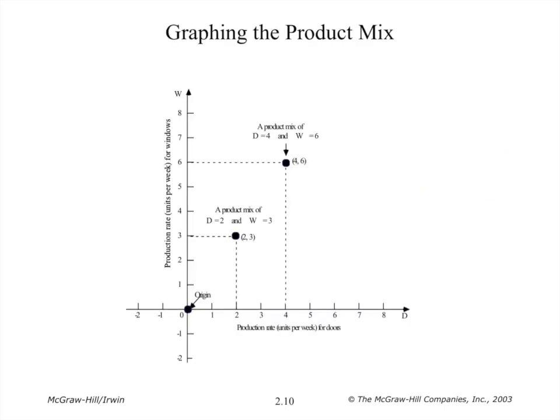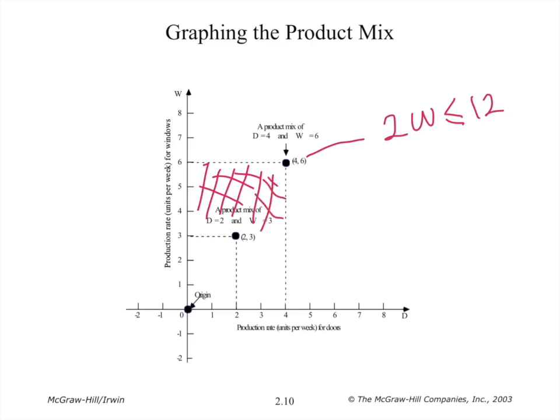You can see this area below the 6. That is the area of 2w lower than or equal to 12. So we just find w equal to 12 divided by 2, or 6.